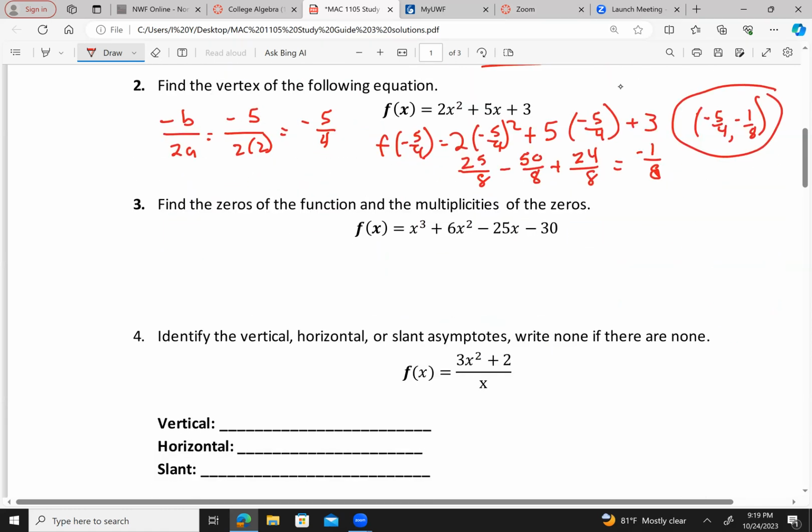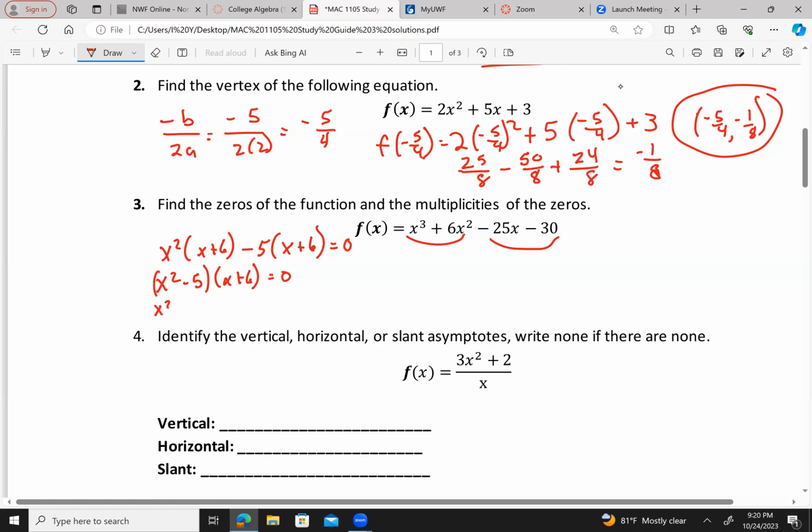Okay, next we want to find the zeros. Looking at this, look at two terms at a time. I can factor out x squared from the first two, which gives me x squared times x plus 6. And here I can factor out -5, which gives me -5 times x plus 6. I want to know when this equals 0, so I have x squared minus 5 times x plus 6 equals 0.